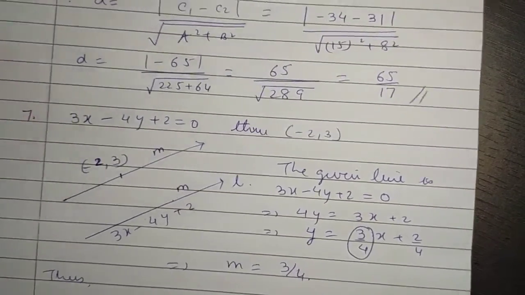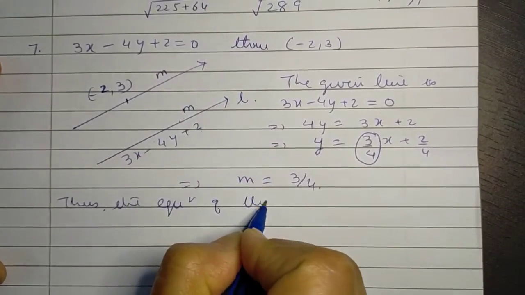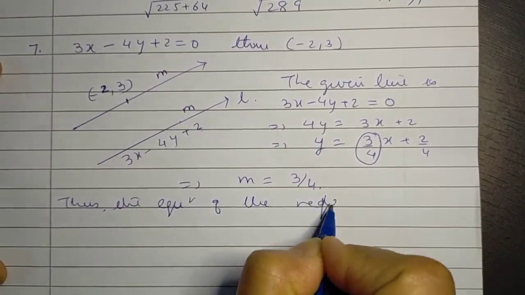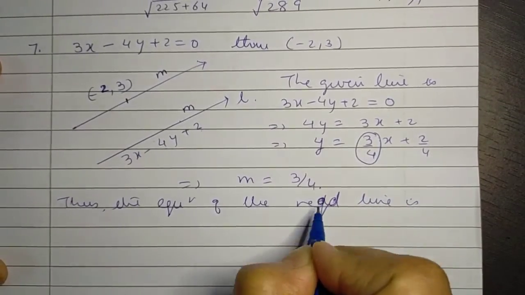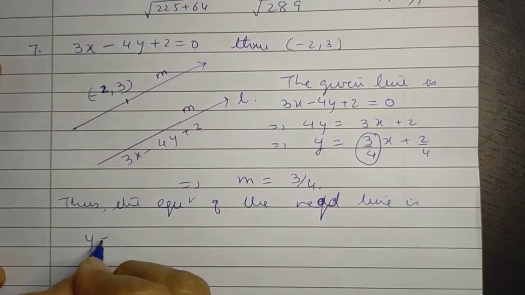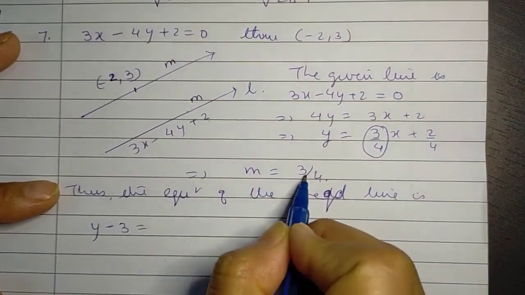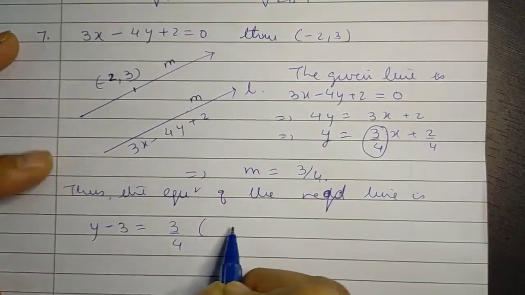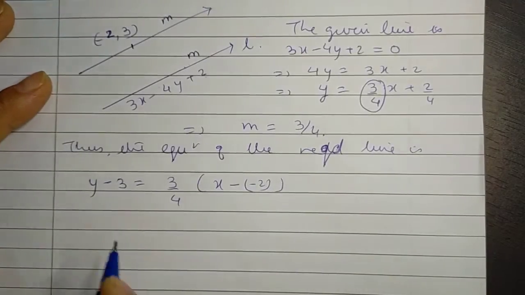Thus, the equation of the required line is y - y1, y1 is 3, is equal to the slope 3/4 times x - x1, which is -2.